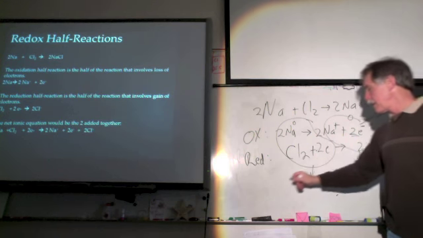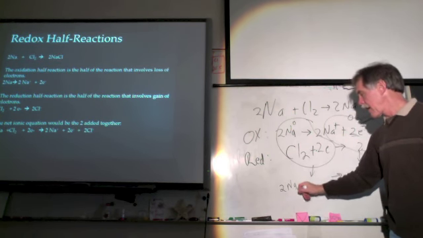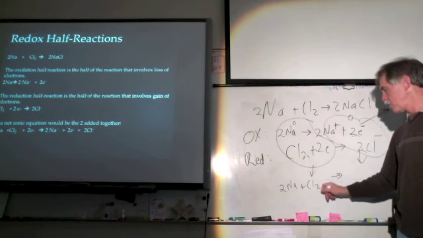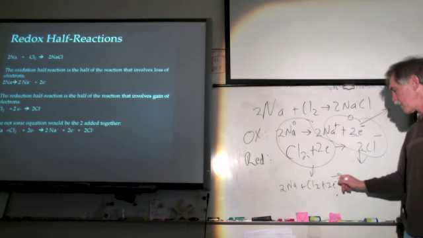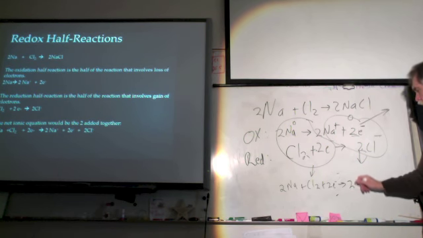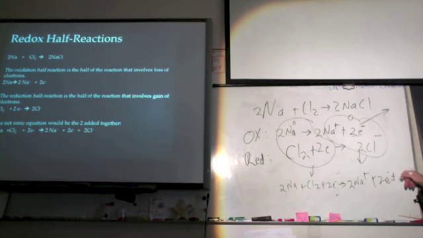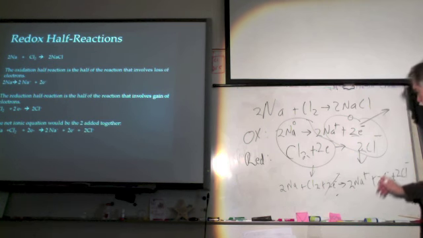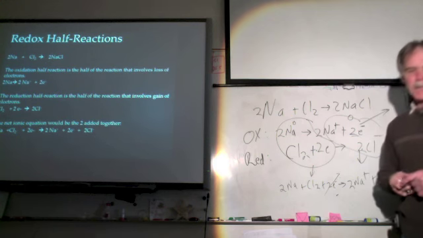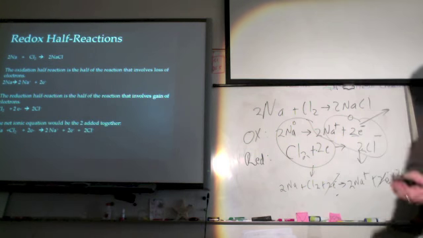So we've got 2Na plus Cl2 plus 2e- produces 2Na+ plus 2e- plus 2Cl-. That's the net ionic equation. We could cross through the two e's. They cancel because they appear on both sides. And you should be able to write net ionic equations like that.